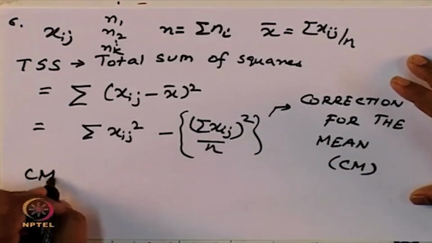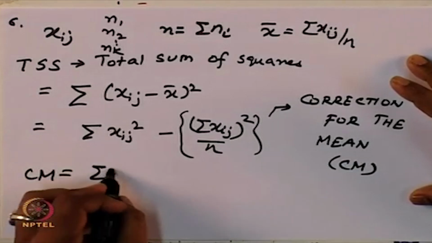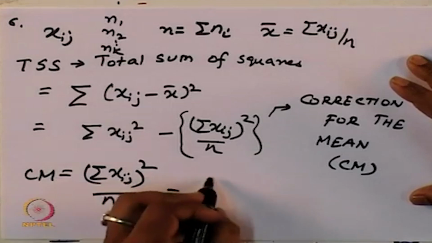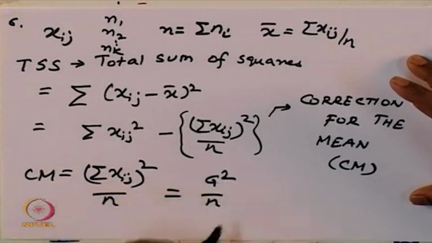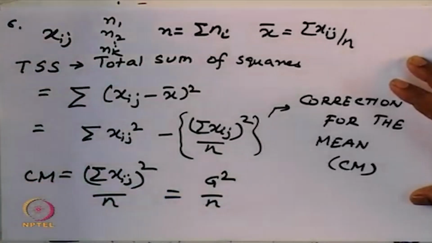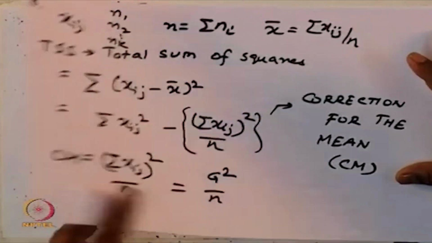So, Cm is (summation x_ij) whole square by n, and this you can write as G square by n. G represents basically the sum of all the terms.